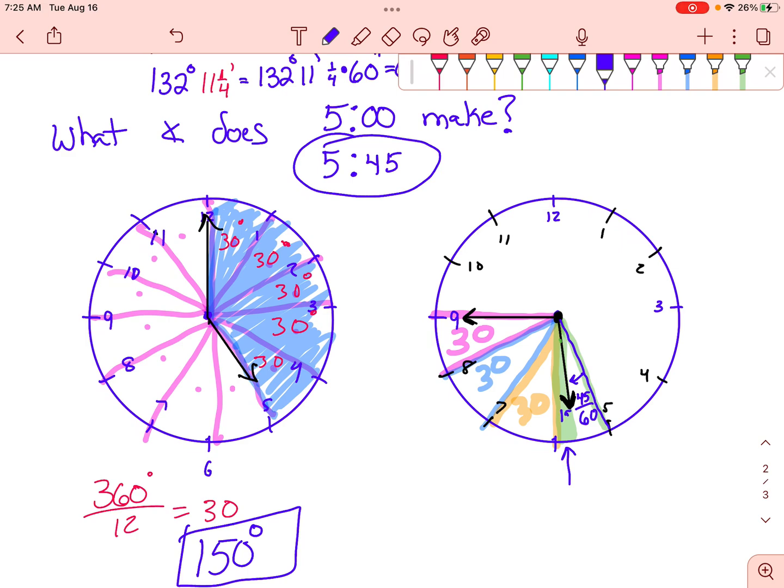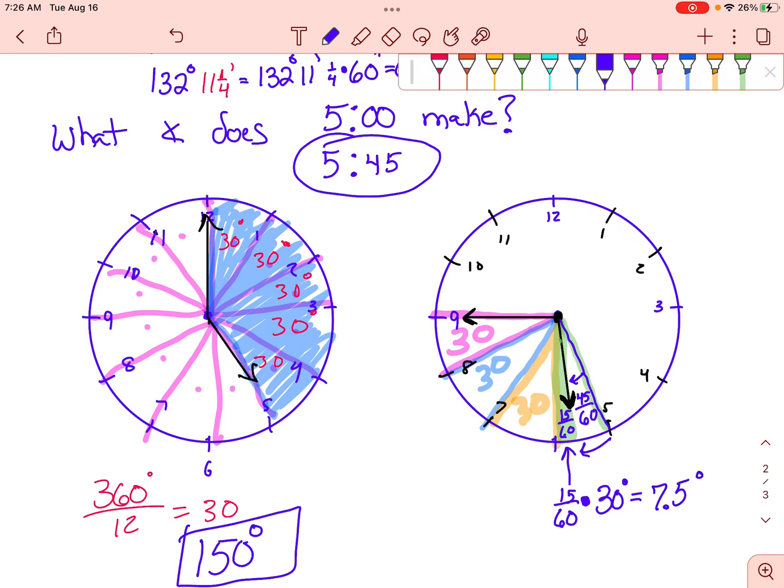It has to move 15 of the 60 minutes. Okay, again, my clock hand moved from 5 to this point right here, 45 of the 60 minutes, which means it has to move 15 of the 60 minutes still. So 15 divided by 60, that's the fraction of the 30 degrees. And so what that ends up being when you multiply it is 7.5 degrees.